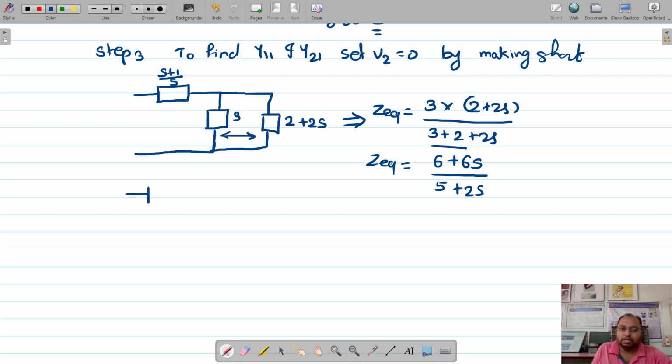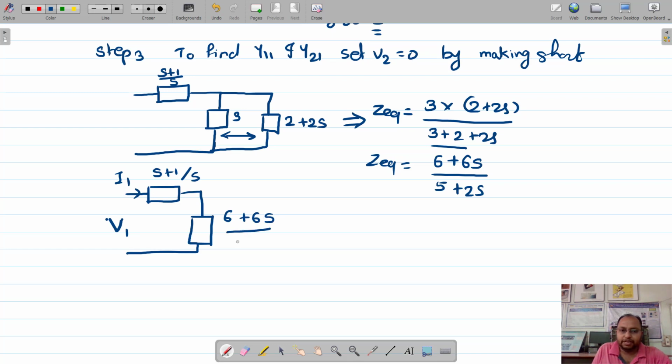Let me draw that. Now let us apply KVL to this loop, where this is 6 plus 6s divided by 5 plus 2s.